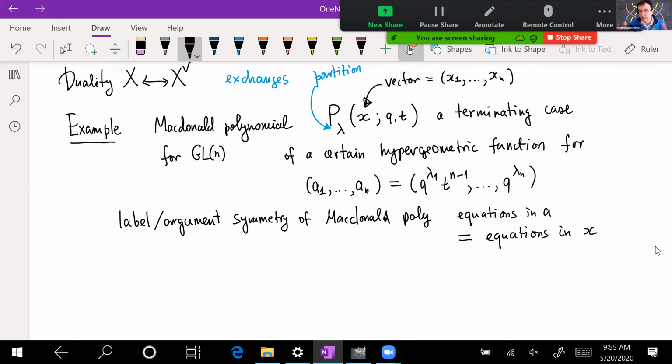And so if the equations are the same, that means the actual solutions are the same. So this is when a Macdonald polynomial has this kind of symmetry between its label and its argument.